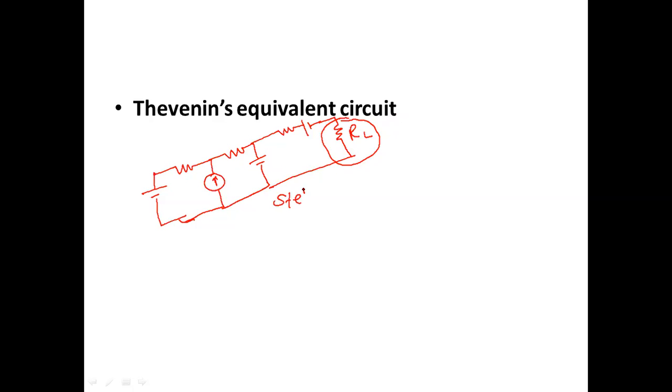Step number one is to nullify the effect of these voltage sources and current sources, and find RTH, which is called the Thevenin resistance. How can we find it? We just remove the element where we have to find the current.